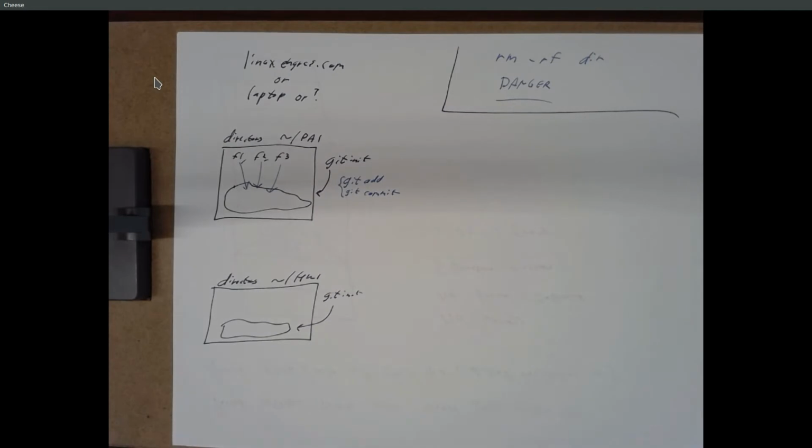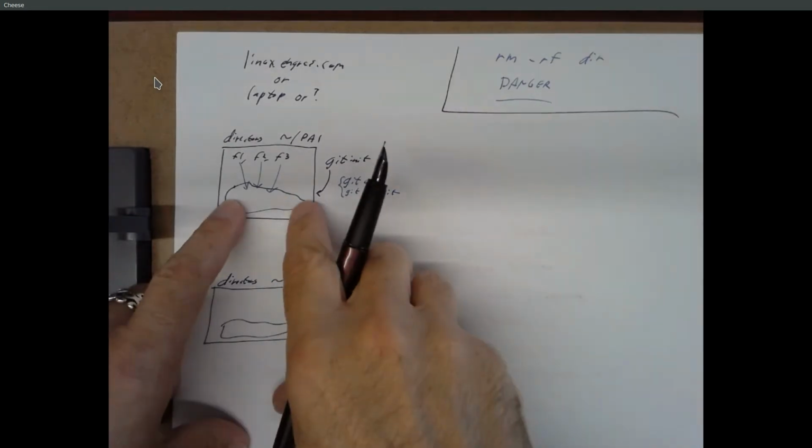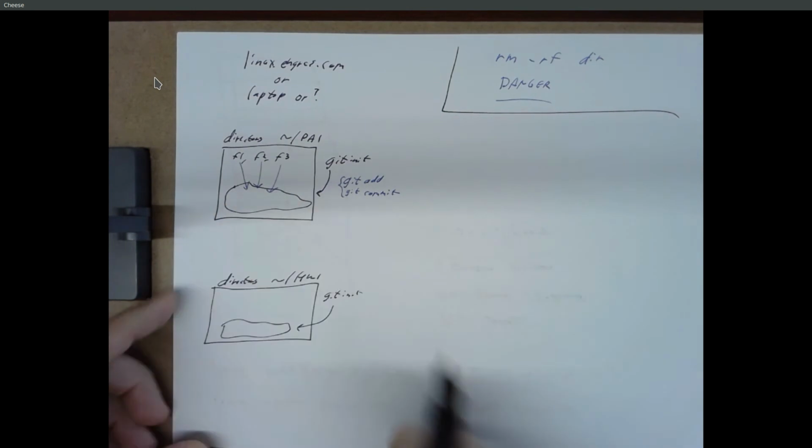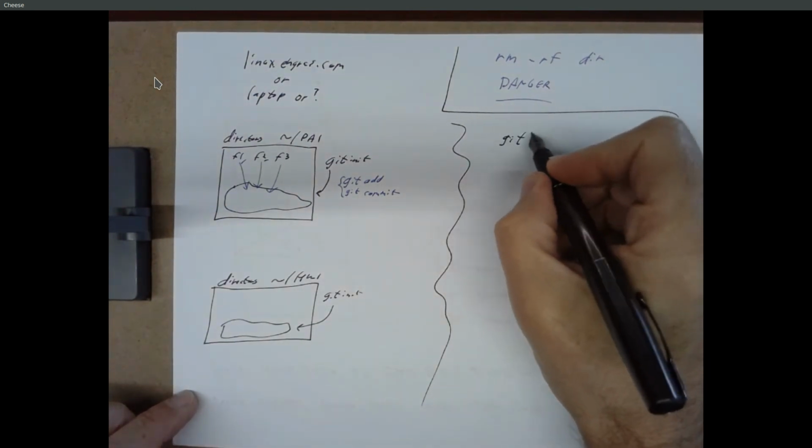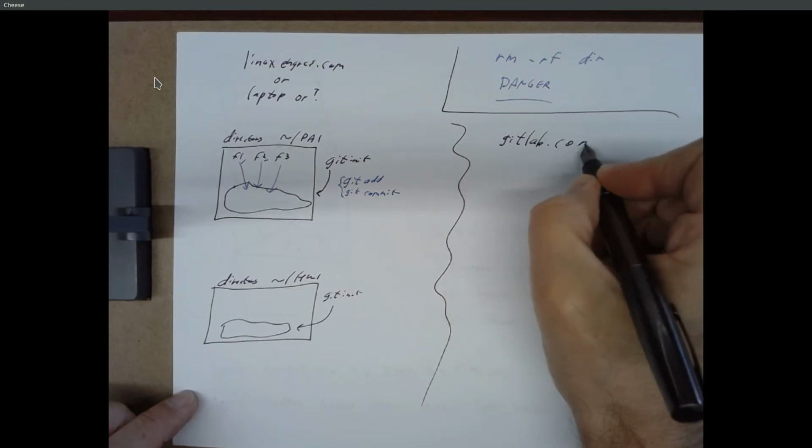All right, so this is all local Git. You make a repository, and then you can add commit, add commit, add commit. Meanwhile, over here, we've got gitlab.com.